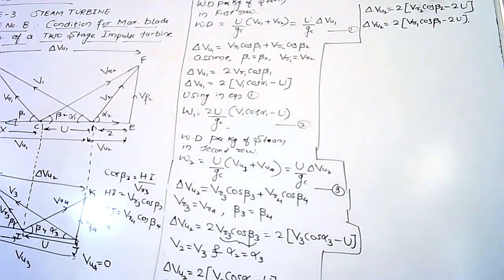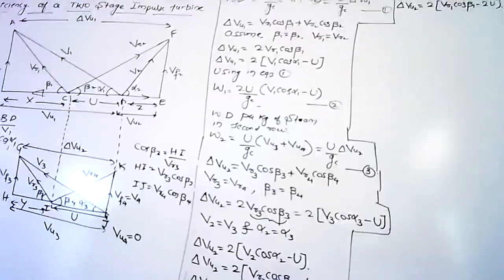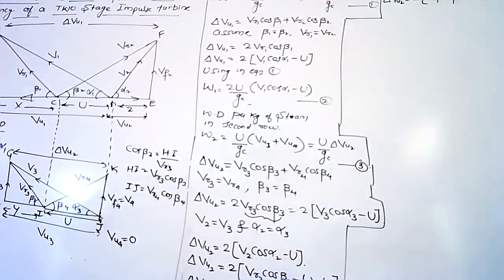Similarly, repeat the same procedure, writing that term beta 1 in terms of alpha 1. How do we write VR1 cos beta 1? Listen carefully.